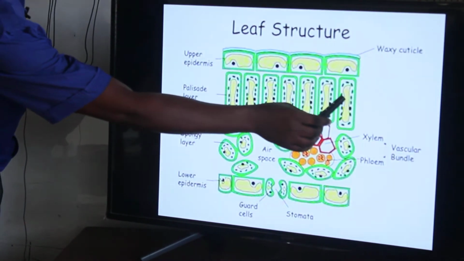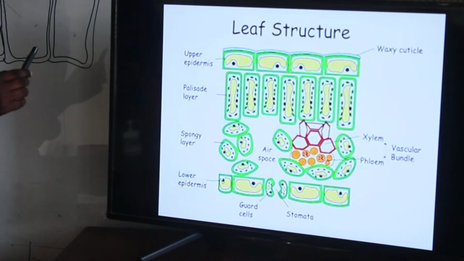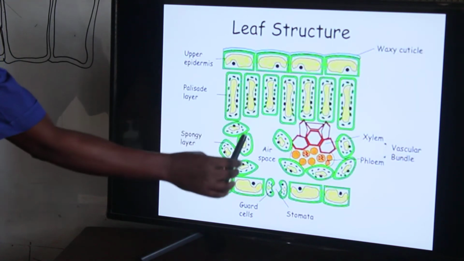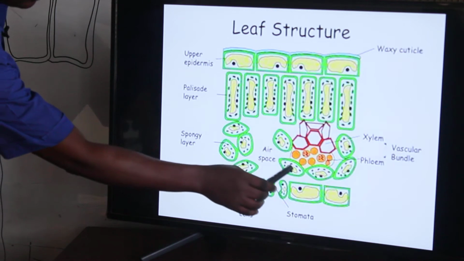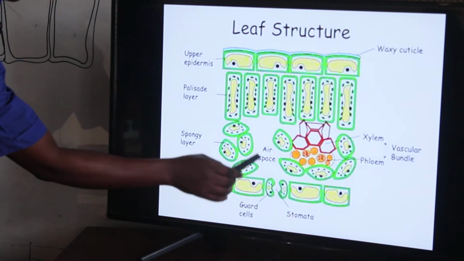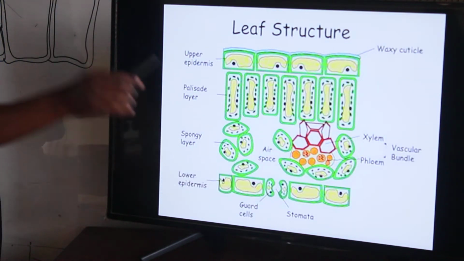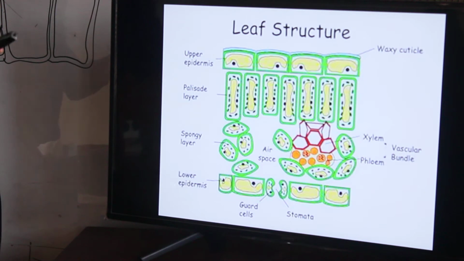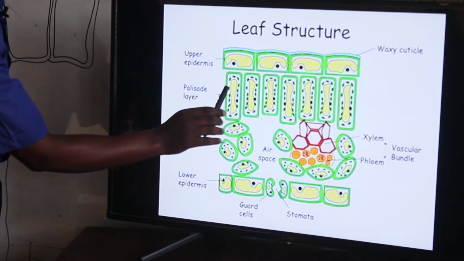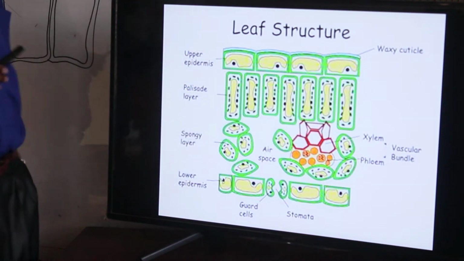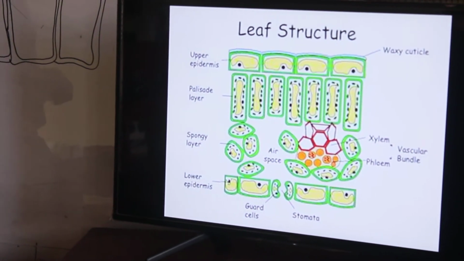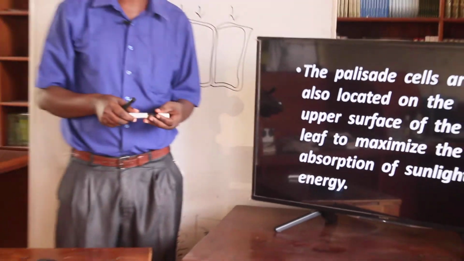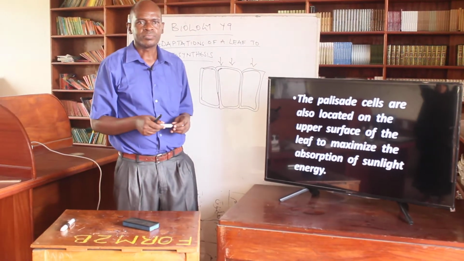There's no space in between these particular cells. Now, if you compare these with the cells in the spongy mesophyll section, these have large air spaces in between. There is an adaptation for that, which we're going to be looking at. But at the moment, the Palisade cells are so close to each other to enhance the absorption of light energy.